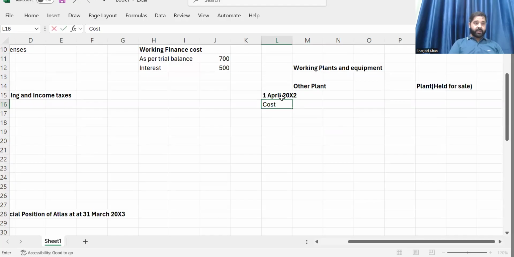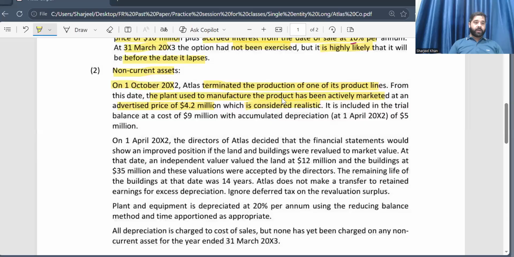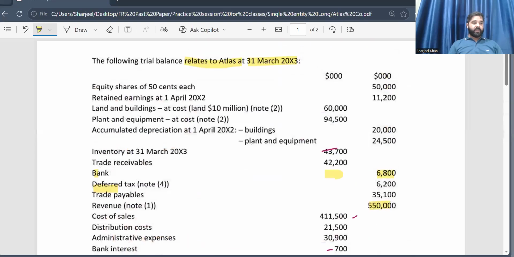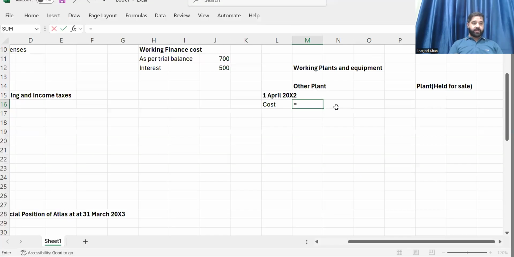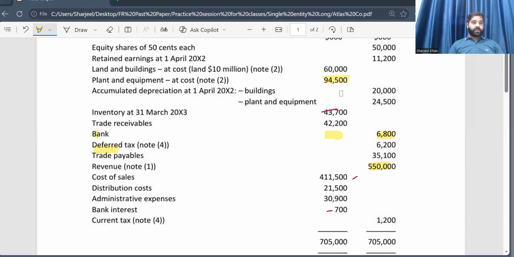At the start of the year, the cost of the plant is already given in the trial balance. It is 94,500. And we have to deduct the accumulated depreciation, which is 24,500.